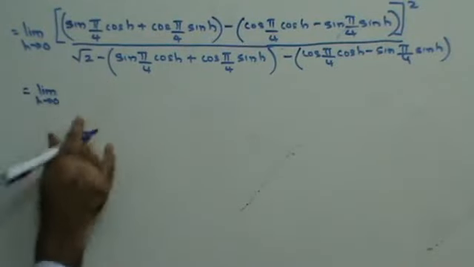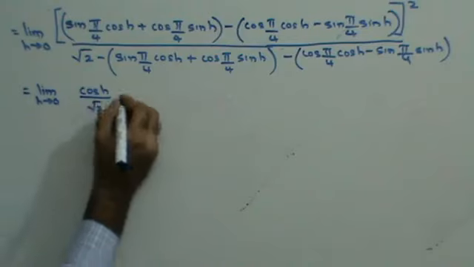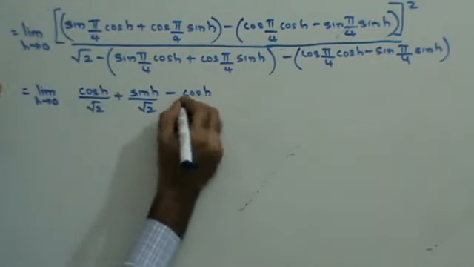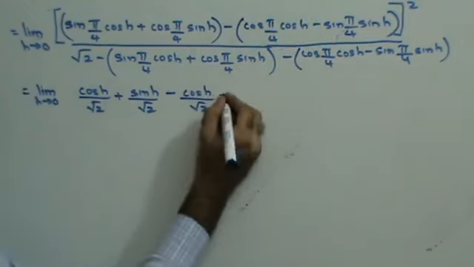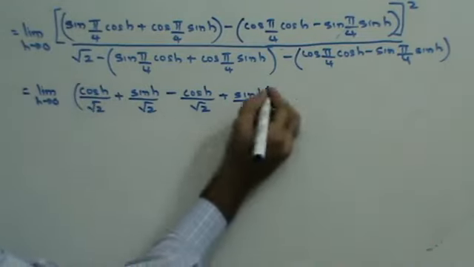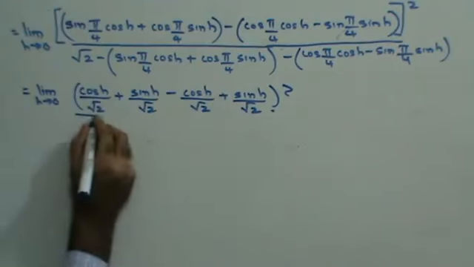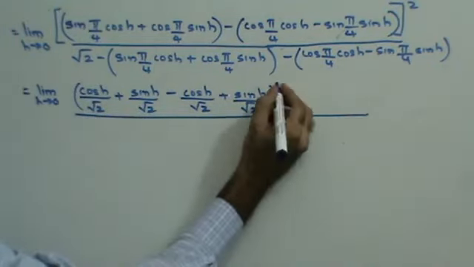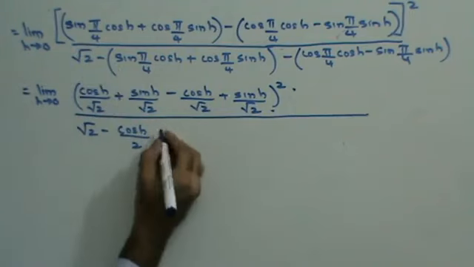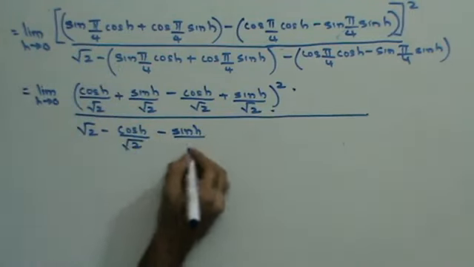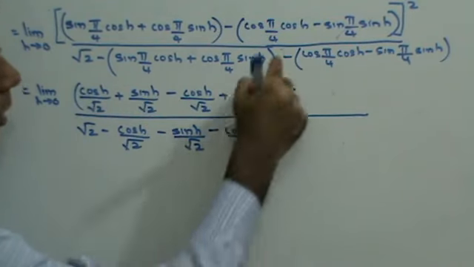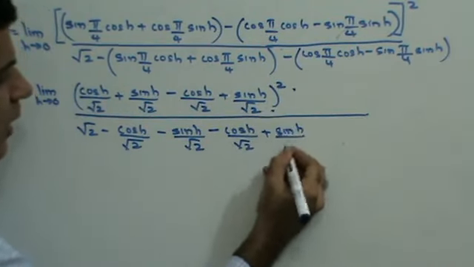That means I could write this as cos h by root 2 plus sin h by root 2 minus cos h by root 2 minus into minus plus sin h by root 2, because cos 45 and sin 45 both are 1 by root 2, the whole square, upon root 2 minus, this is going to be cos h by root 2 plus into minus sin h by root 2 minus cos h by root 2 minus into minus plus sin h by root 2.